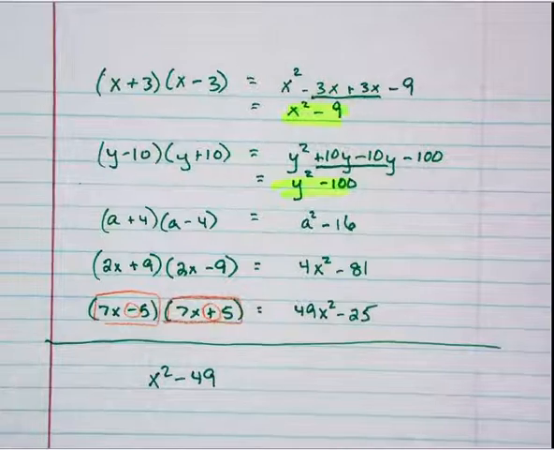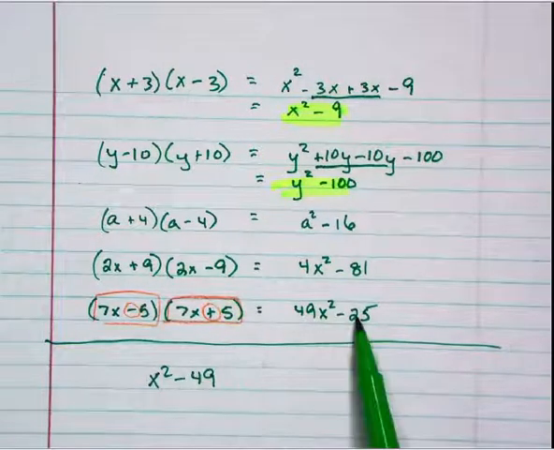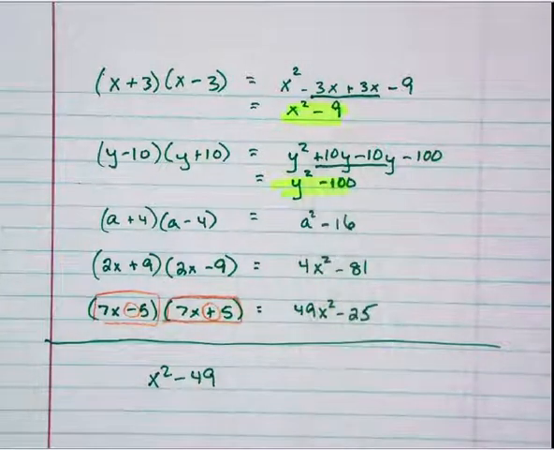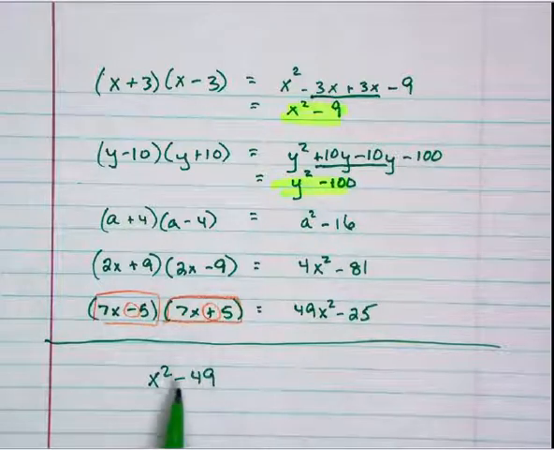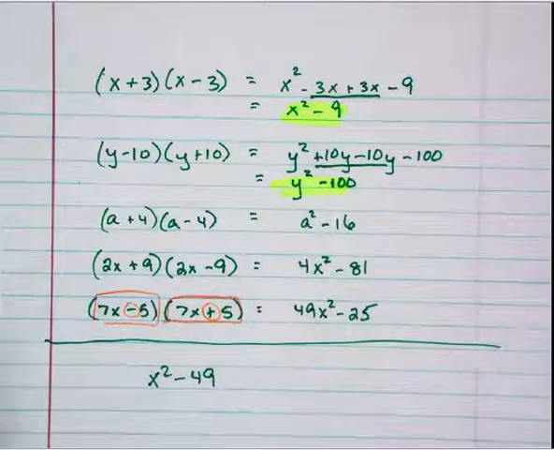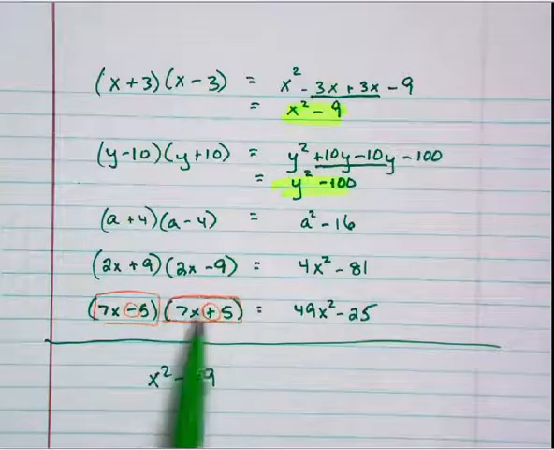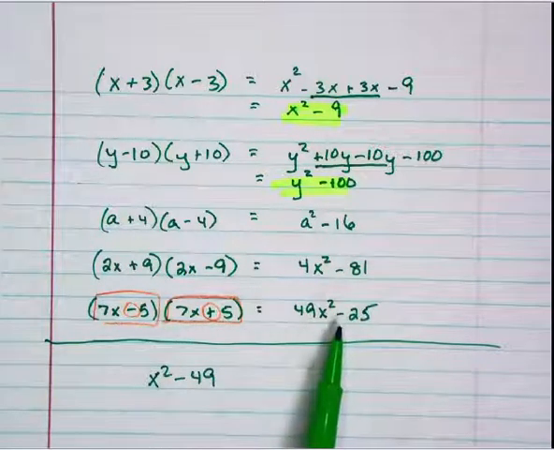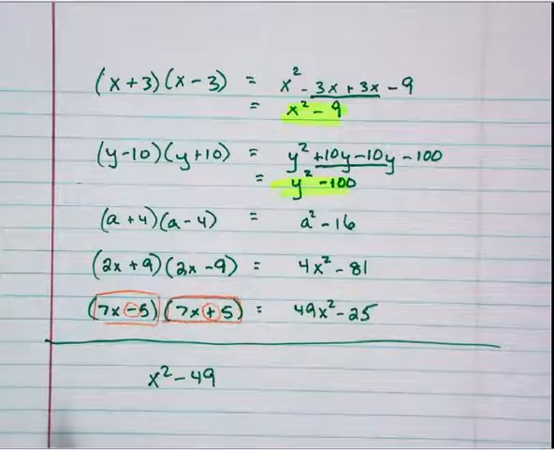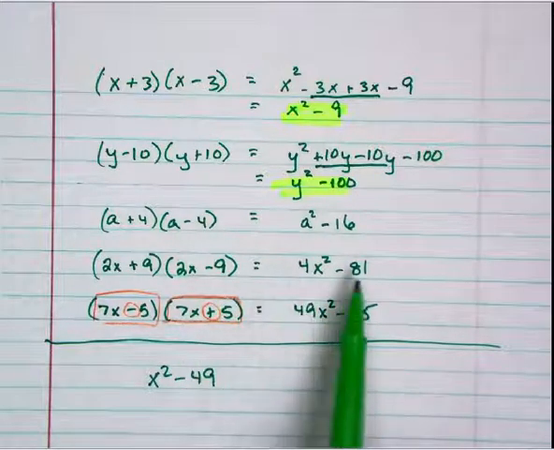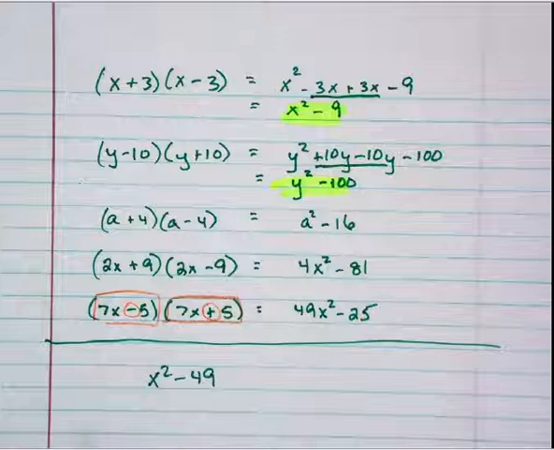So if we see, all of these things kind of ended up looking a particular way. First, notice that all of them have minus signs in them, because when we did our double distribution, a positive times a negative ended up being a negative. Also notice that all of these things that are left are perfect squares.